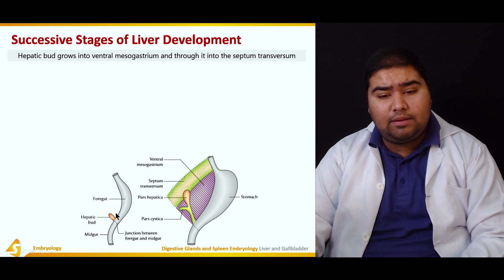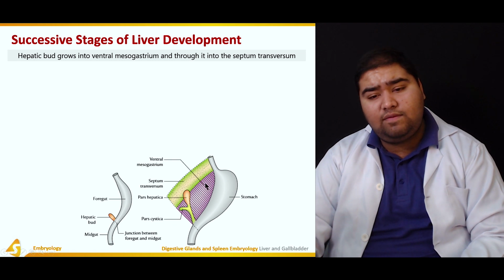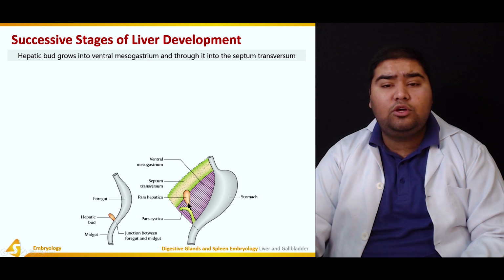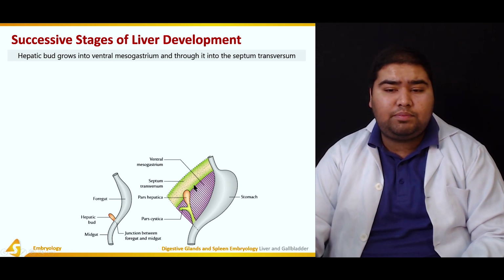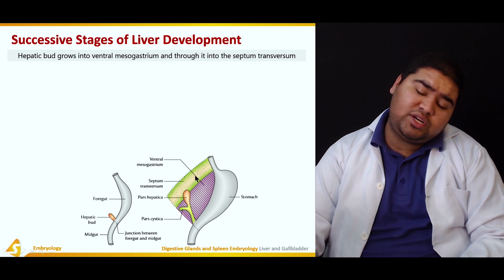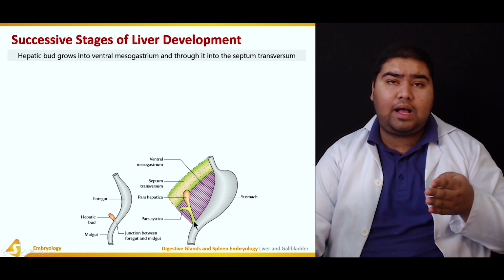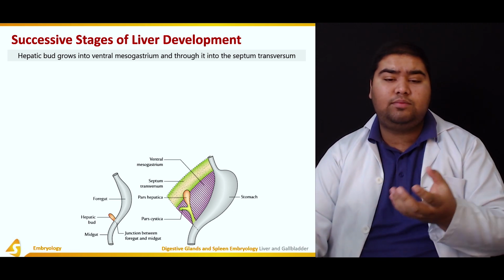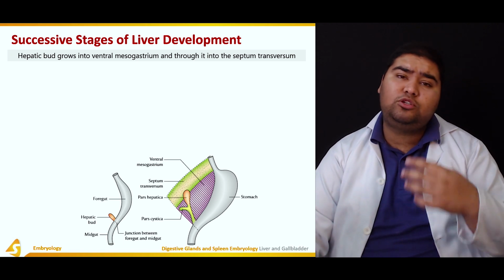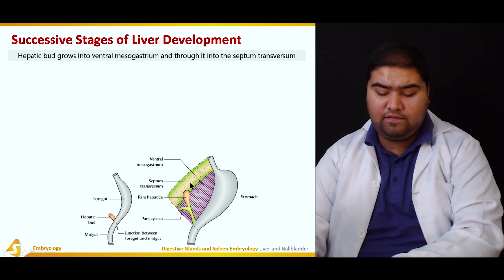This hepatic bud grows into the ventral mesogastrium, and through it into the septum transversum, shown in green, as can be seen in the figure.